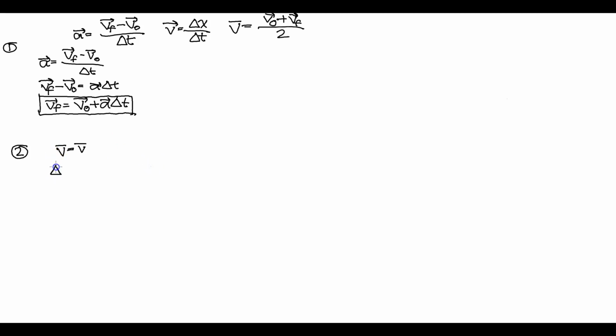Okay, so we're going to set each of them equal to each other. Delta x over delta t equals v naught plus vf divided by 2. Now we just multiply by delta t to isolate delta x: delta x equals delta t times v naught plus vf, divided by 2.